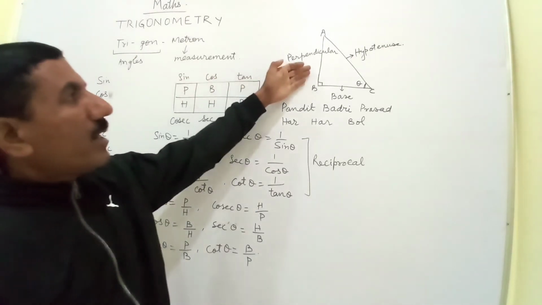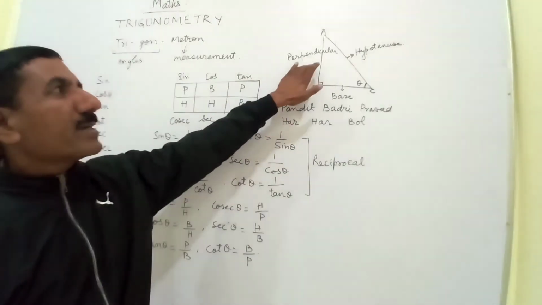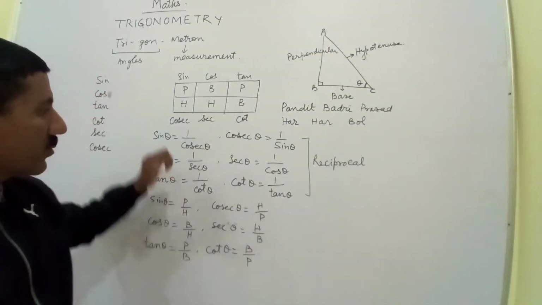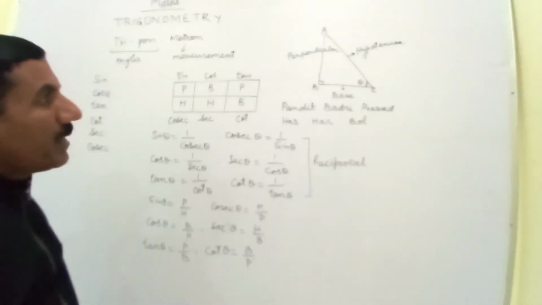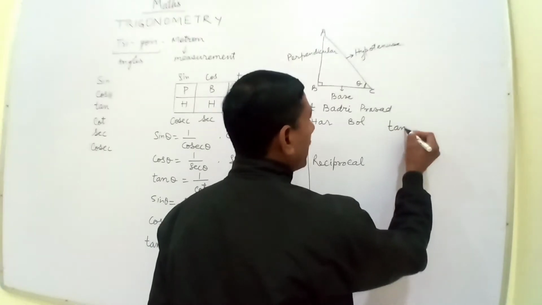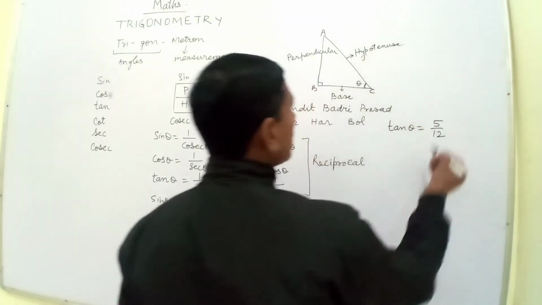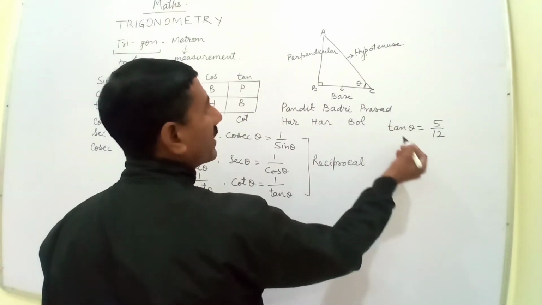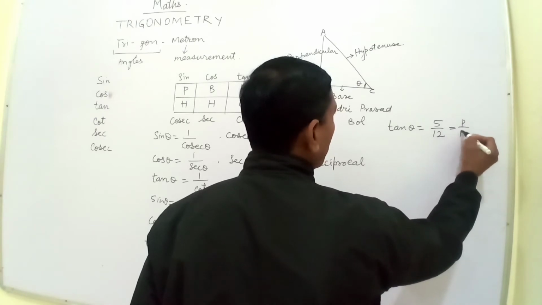Now the question is how we relate the triangle sides in the questions. If the question says tan theta is equal to 5 upon 12, then in the right angle triangle, tan equals perpendicular upon base.